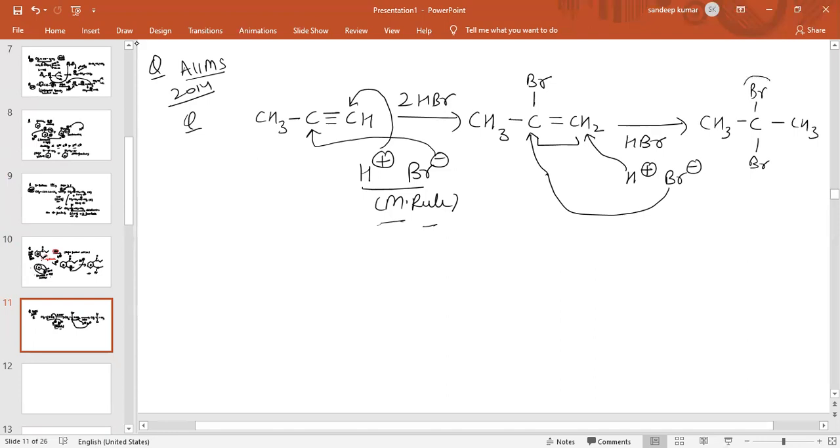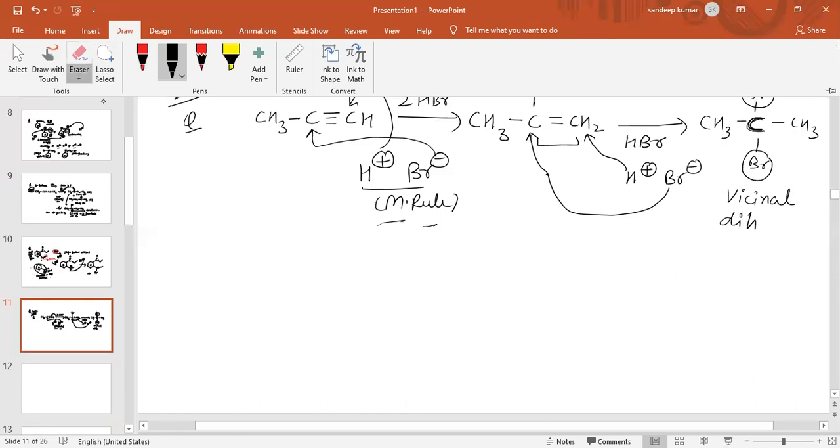When two same functional groups, like Br, are attached on the same carbon atom, we call this not vicinal, this is geminal.